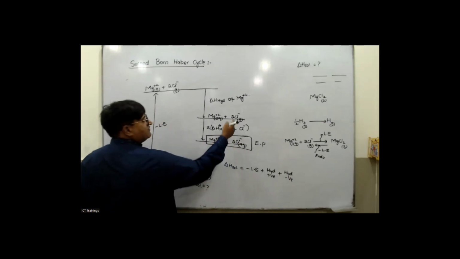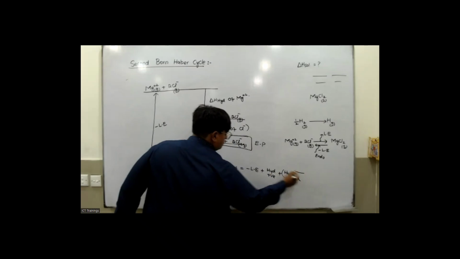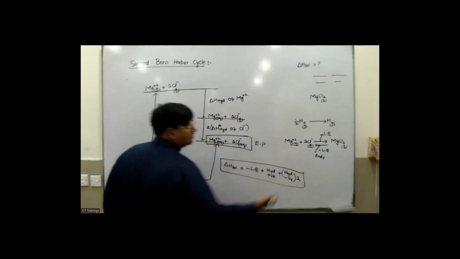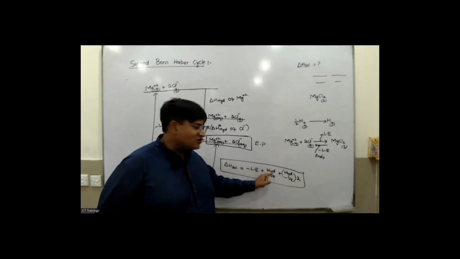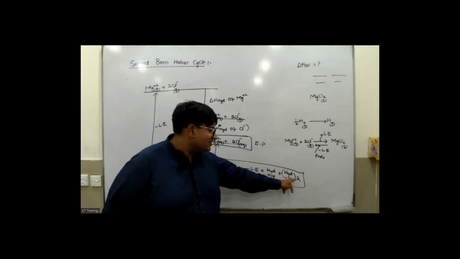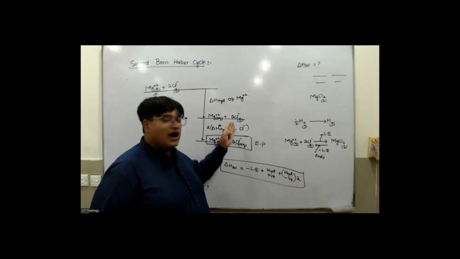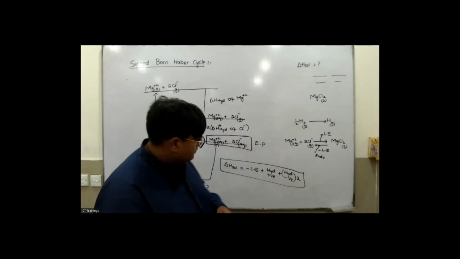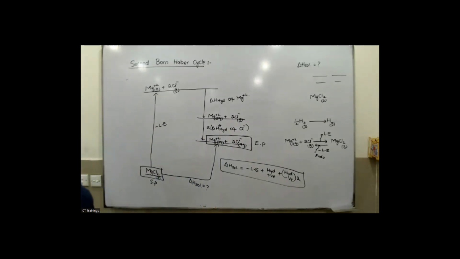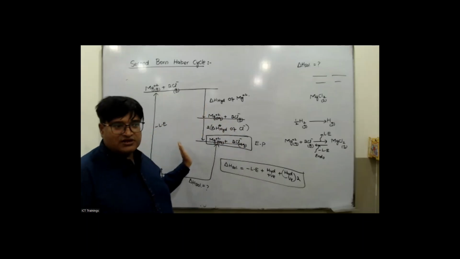And here the negative ion contains two atoms, so you should multiply it with 2. You should learn this formula as well: delta H of solution is equal to reverse of lattice energy plus hydration of positive ion plus hydration of negative ion. You should see how many negative ions are present, then use this formula. I have written these two according to MgCl2.